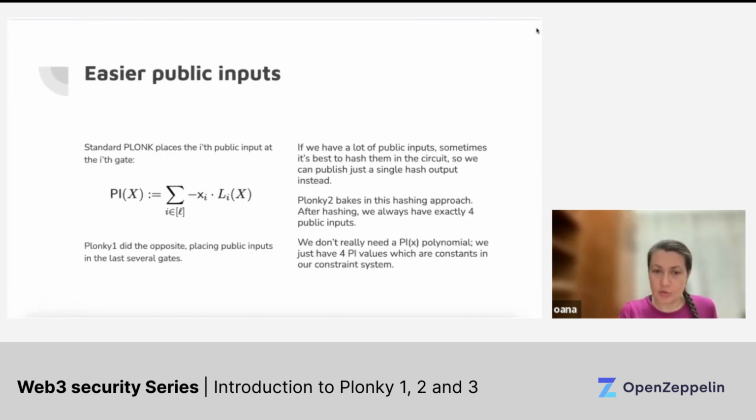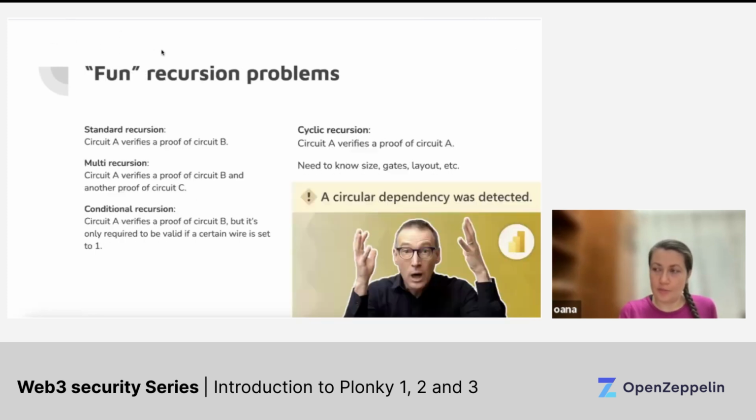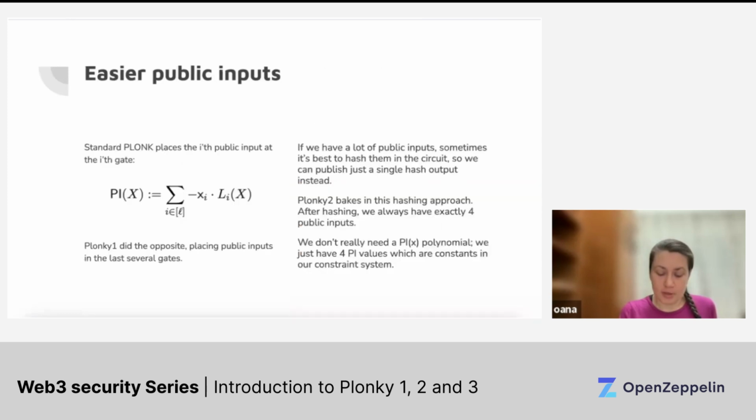I suppose it again has to do with the fact that you have a basic circuit and then you do recursion on it, so probably the verification has to be as efficient as possible. But I'm still trying to understand here.